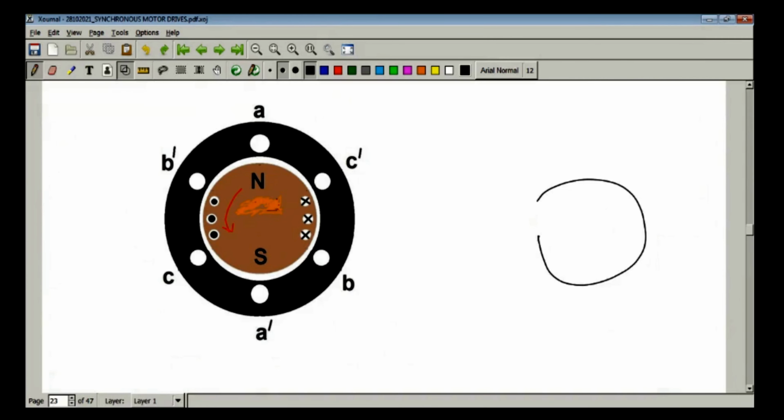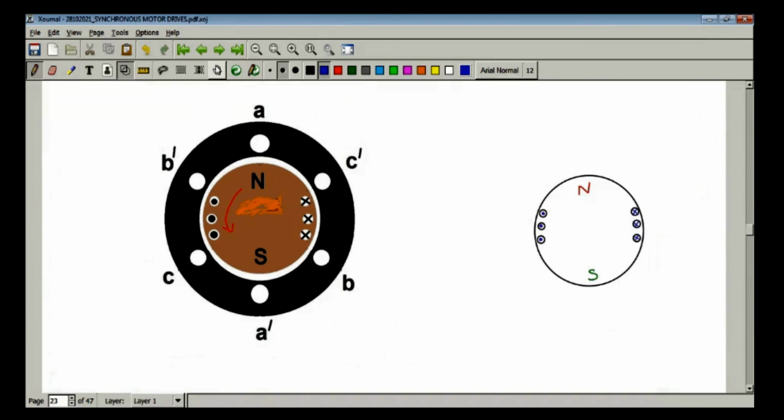Let's say I am drawing the rotor with a north pole over here and a south pole over here, and these are the conductors, 1, 2, 3. These are dot currents, and these are cross currents.